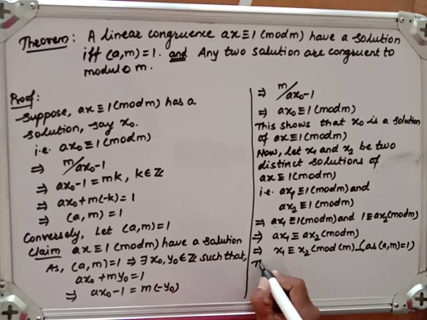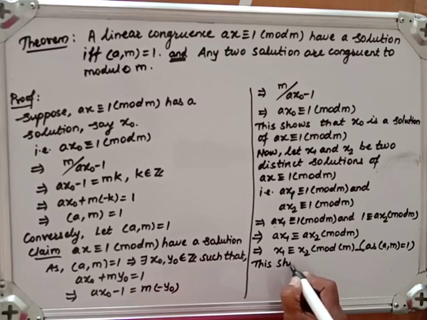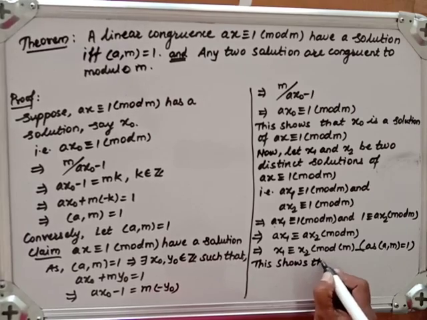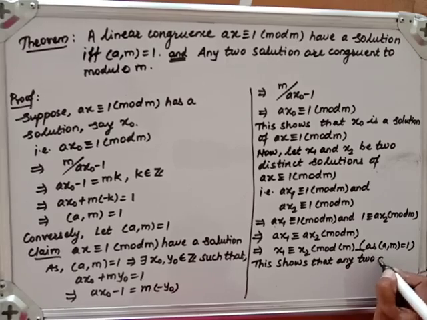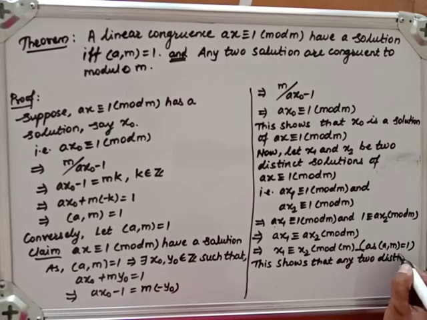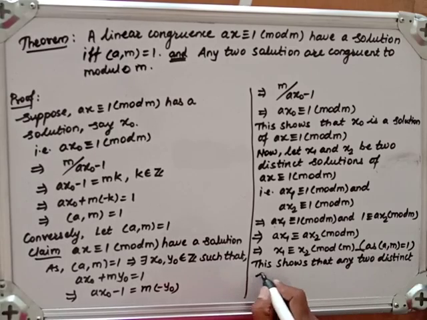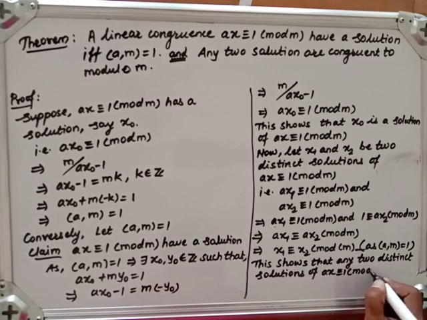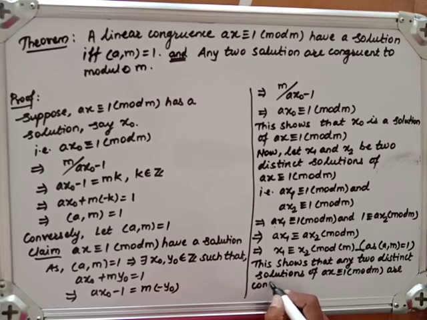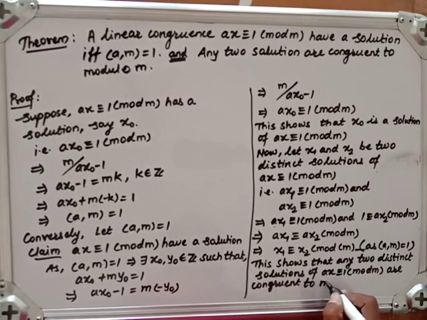So this shows that any two distinct solutions of Ax congruent to 1 modulo m are congruent to each other modulo m.